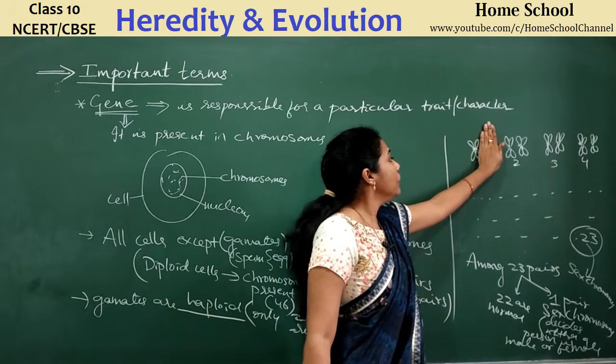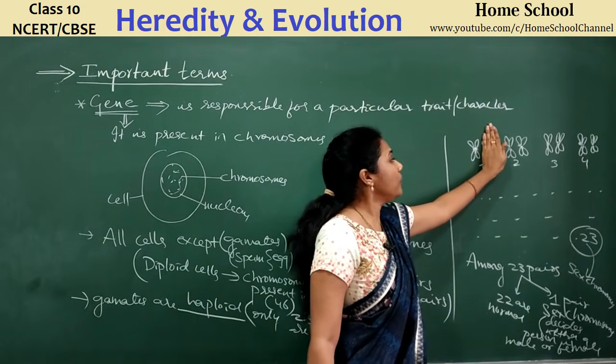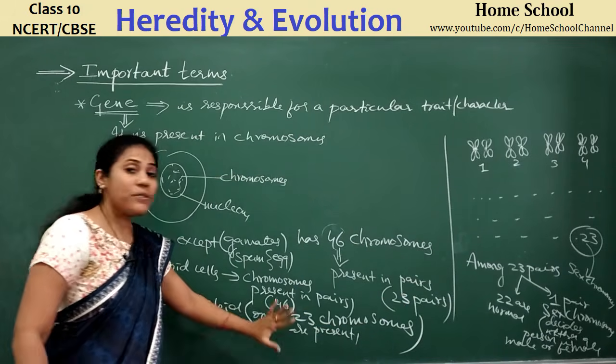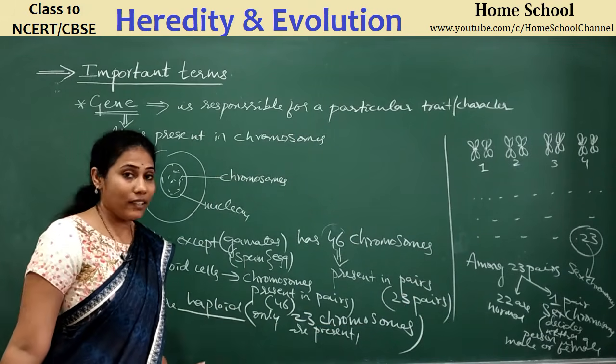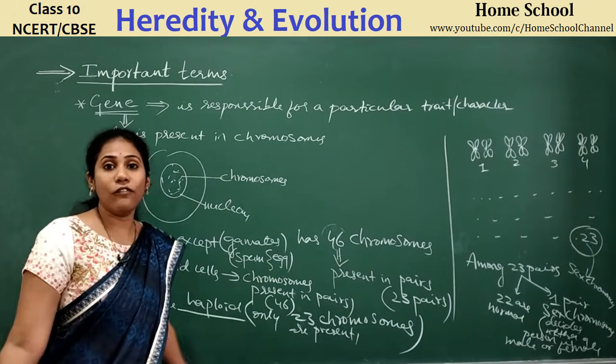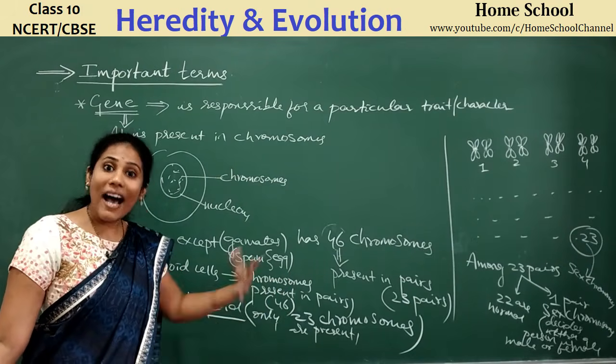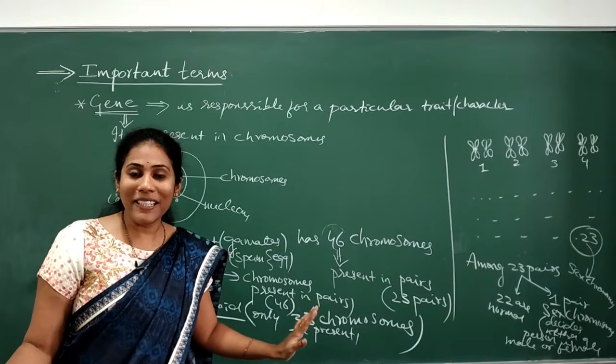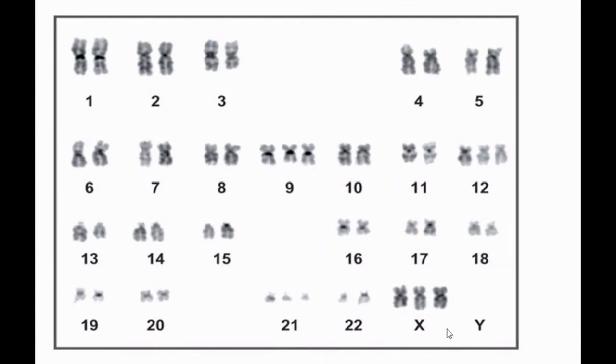Only one of each pair is there. So 23 chromosomes are present in sperm and egg. 46 are not there. Half of the chromosomes only are present. Clear, everybody?